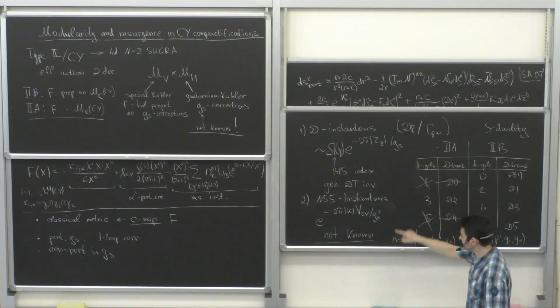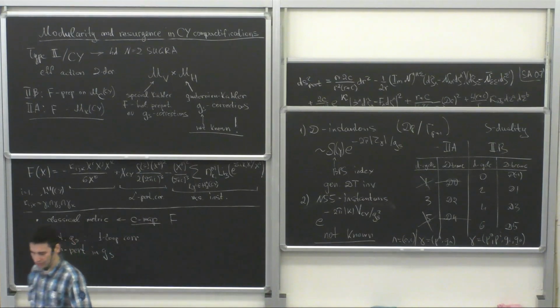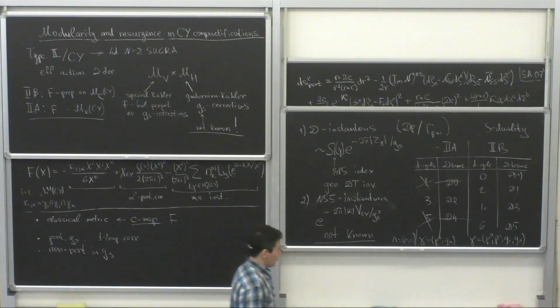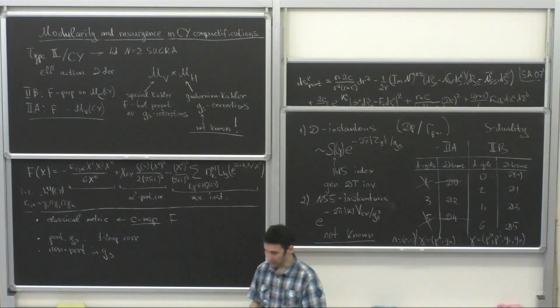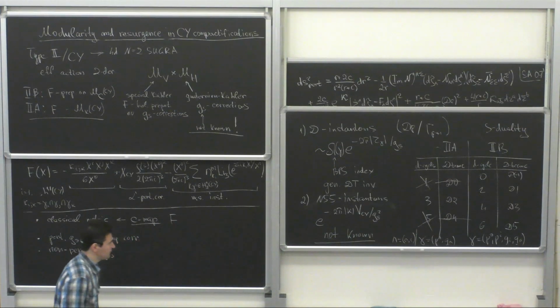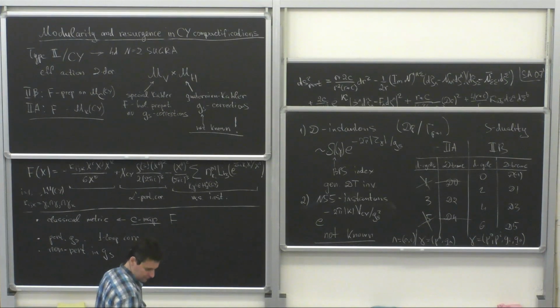And I believe that to find them, we should use a combination of modularity and resurgence. In the rest of the talk, I will argue why I believe that modularity and resurgence can help us. So this will be the main message of my talk in the following.